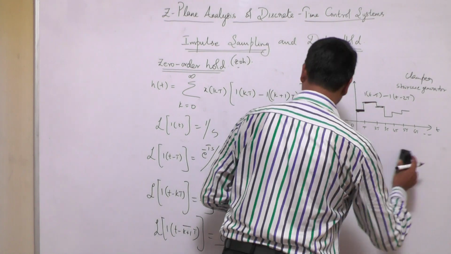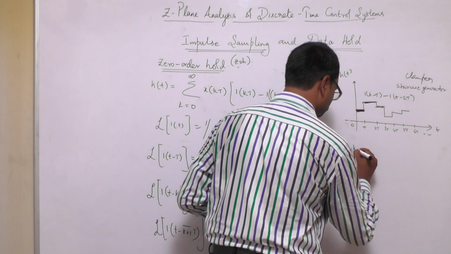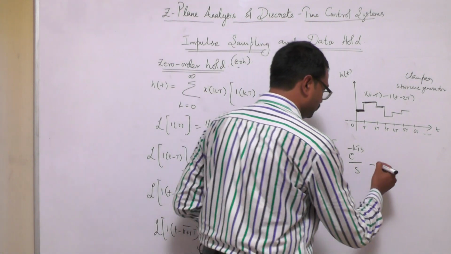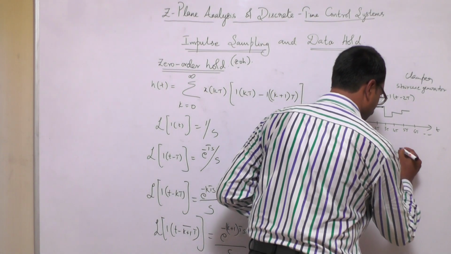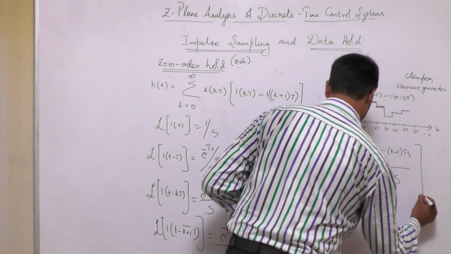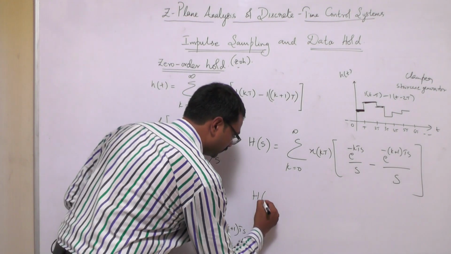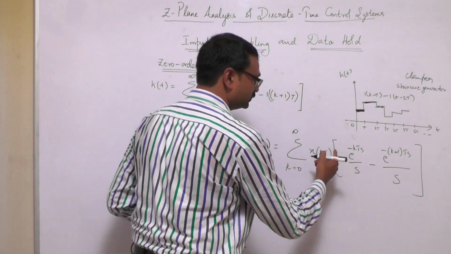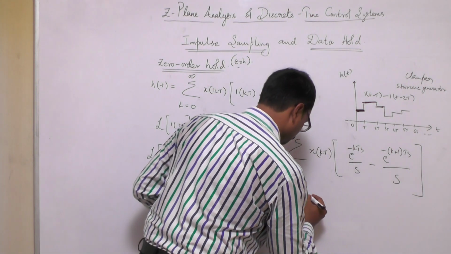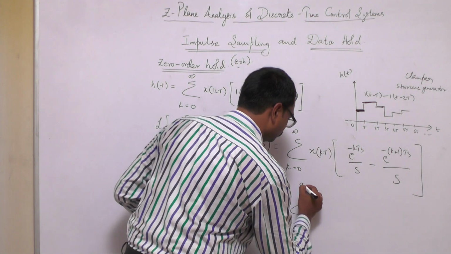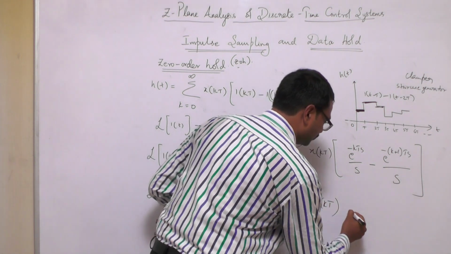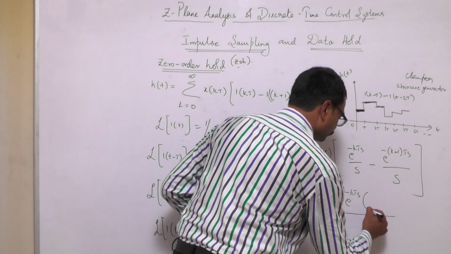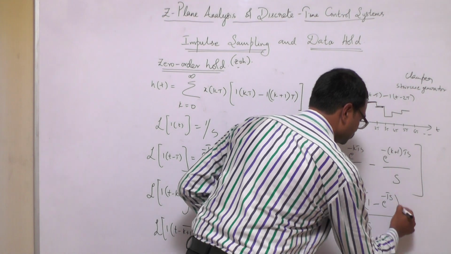Therefore what do I get here? I get e power minus kts by s minus the Laplace transform of 1 of k plus 1 t, I have e power minus k plus 1 ts by s. Therefore H of s, I can write as sigma k 0 to infinity x of kt, since x of kt is inside the function, and the denominator is s, and if I take e power minus kts common, I have 1 minus e power minus ts.